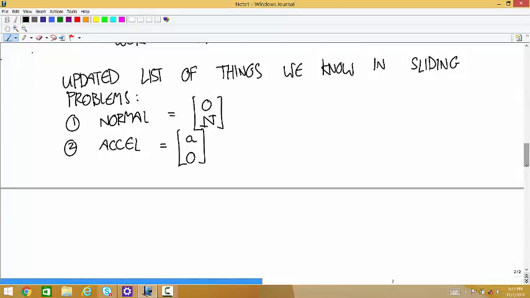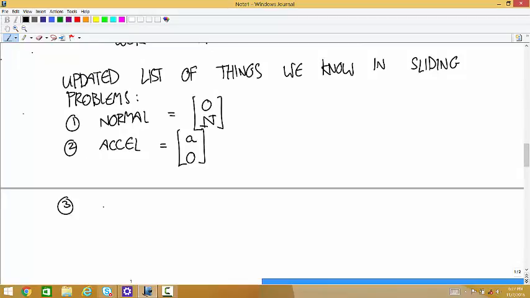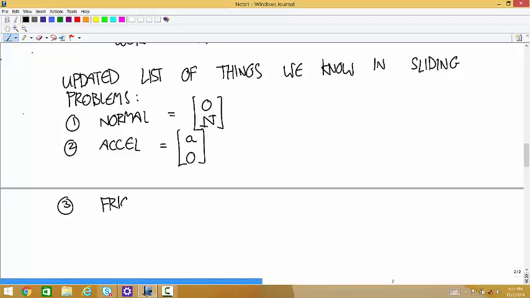But the new thing is we know that the friction force is plus or minus the coefficient times the normal in the x direction, and then 0 in the y direction.